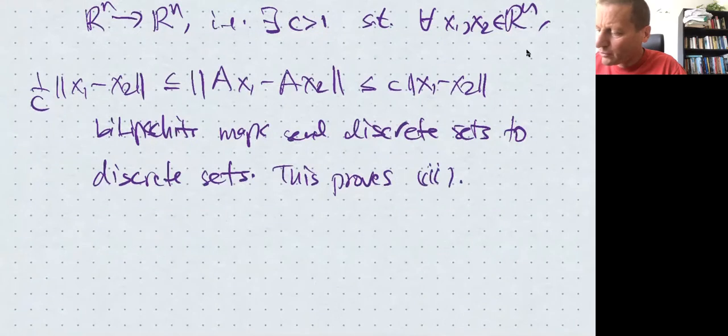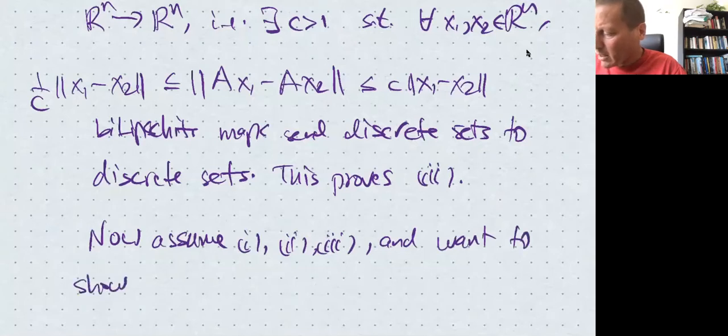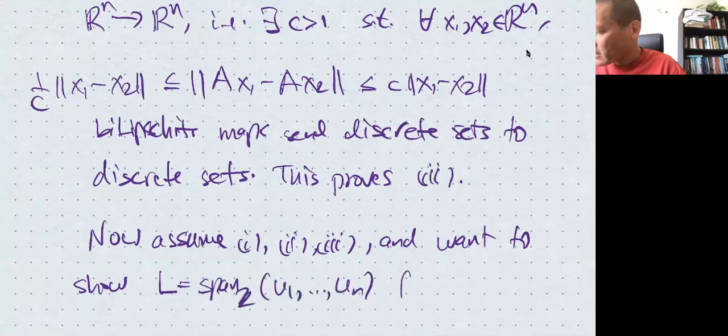Now I'm going to assume 1, 2, and 3, and want to show that L is the span of some basis.